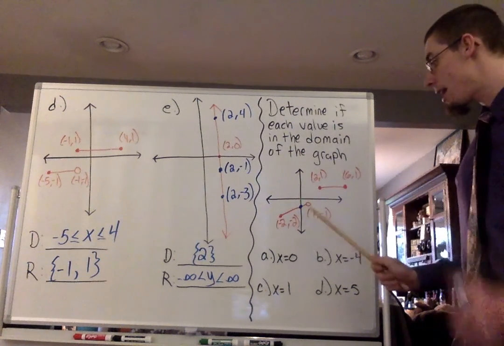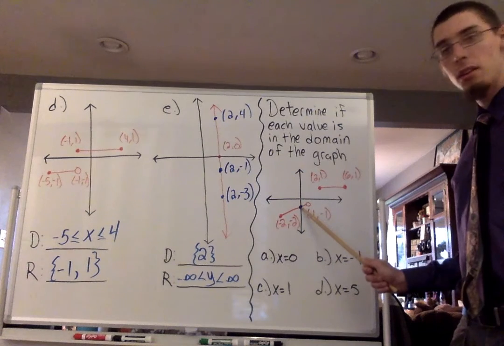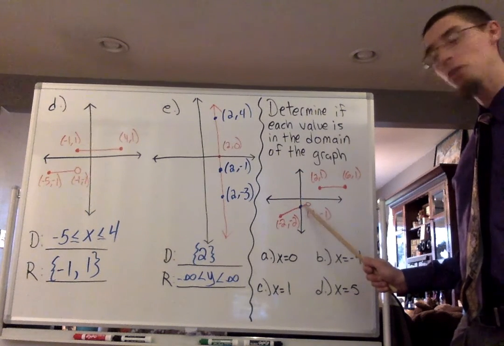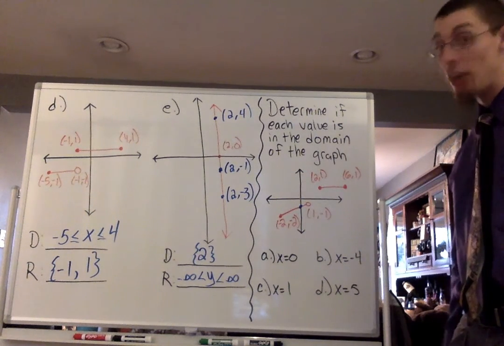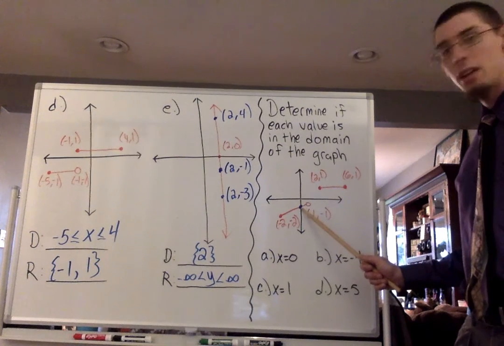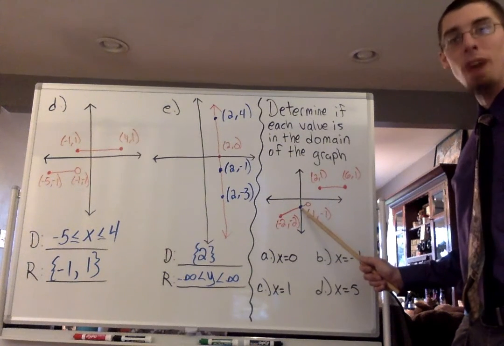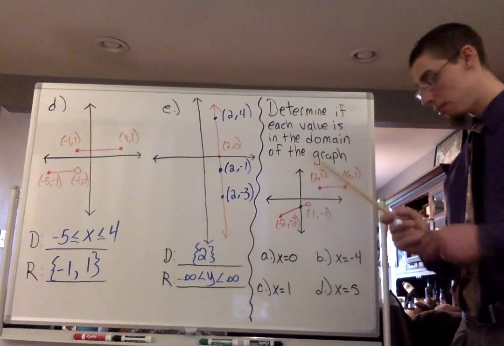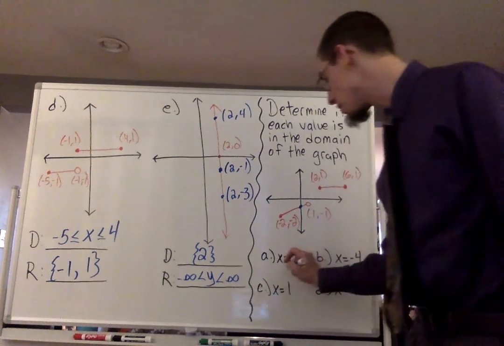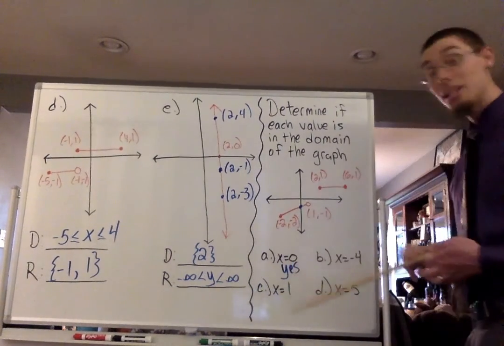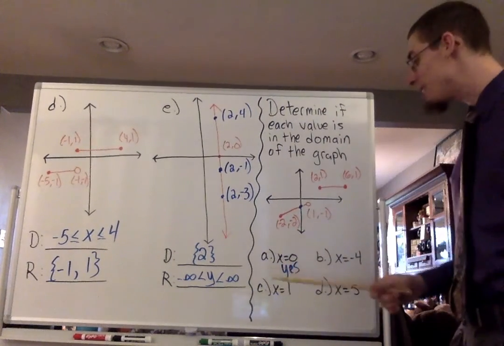Wouldn't this point have an x value of 0? I don't know what the y value is. I don't really care what the y value is. But this point has an x value of 0, which means, yes, it's in the domain. So yes, x equals 0 is in the domain.